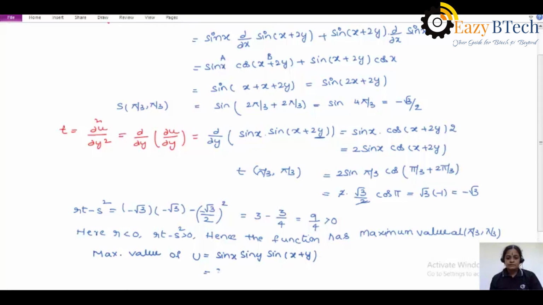So substitute the points here, that is sin pi by 3 and sin pi by 3 and sin of pi by 3 plus pi by 3. Then the final answer is 3 root 3 by 8. This is the maximum value of the function at the point pi by 3 comma pi by 3.